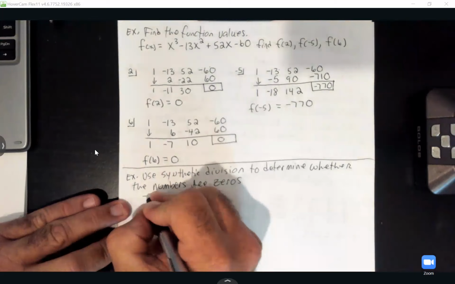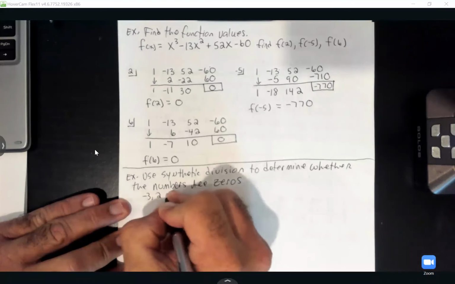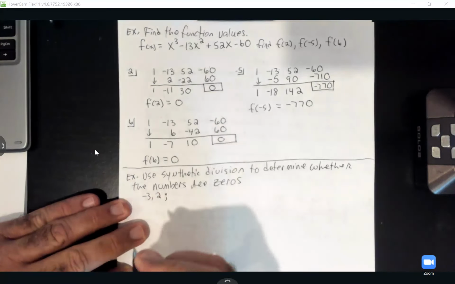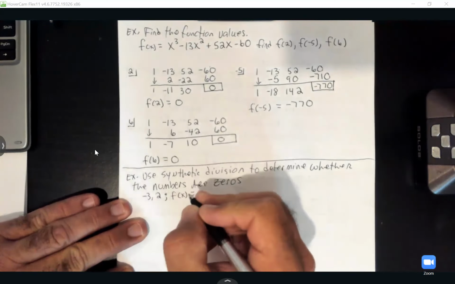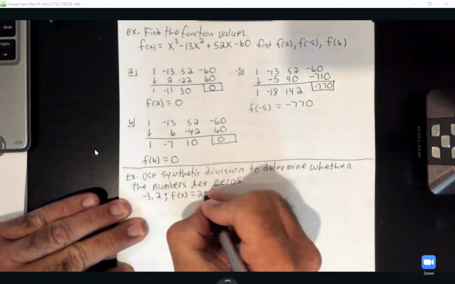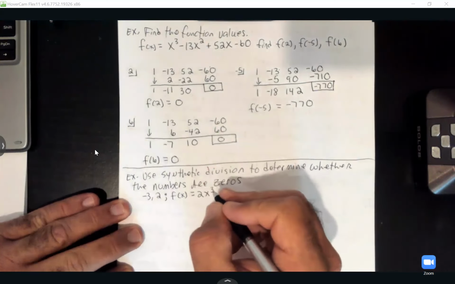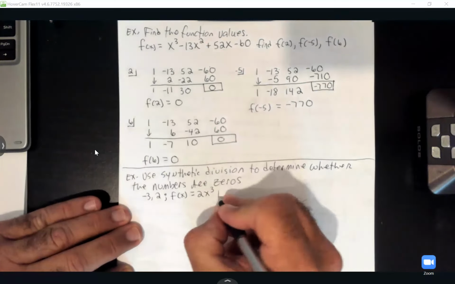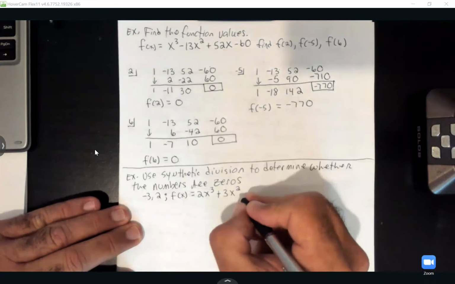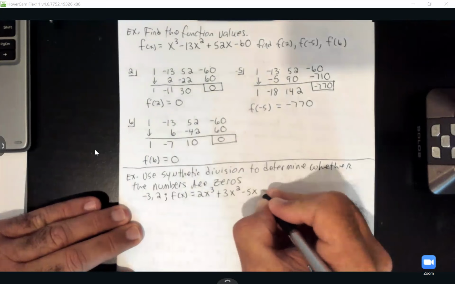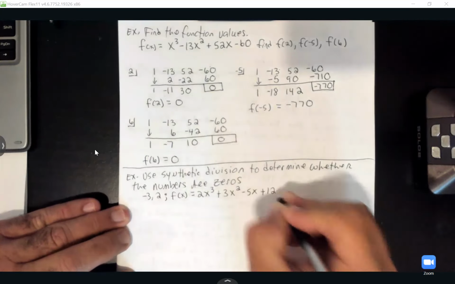All right, so they give you a -3, 2, and then a semicolon, and then we got f of x equals 2x to the third plus 3x squared minus 5x plus 12.